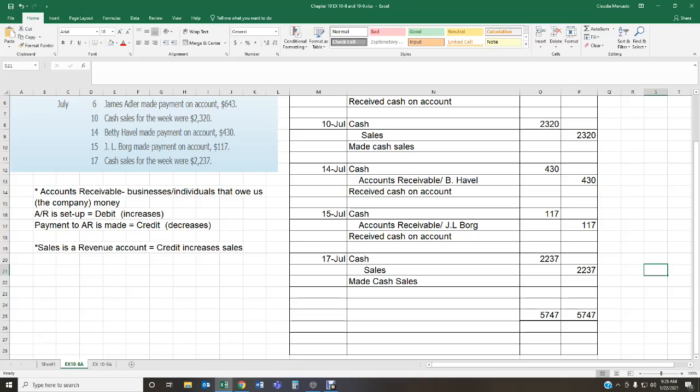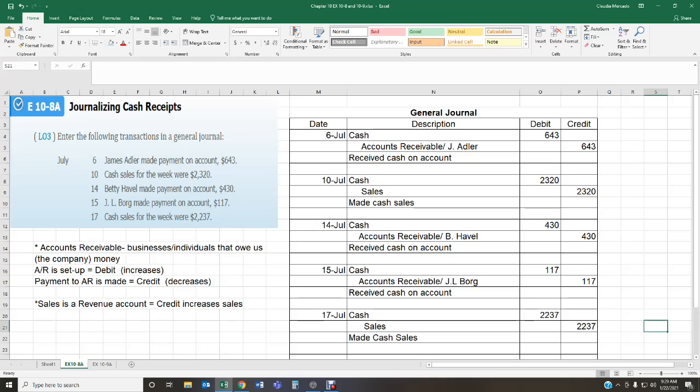A lot of the times we might transpose a number, or we might forget to enter the credit part of it or the debit part of it, whatever the case might be. Whenever I'm working in an Excel spreadsheet or whatever software that allows me to add or tabulate, I add my debit column and my credit column, and make sure that they're the same. That way I know that my debits equal my credits.